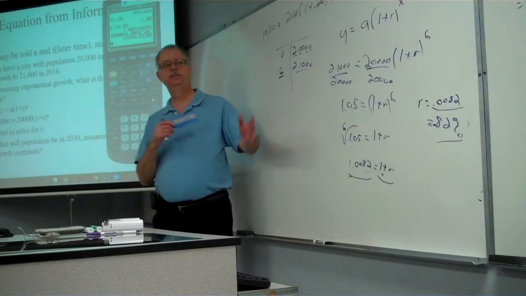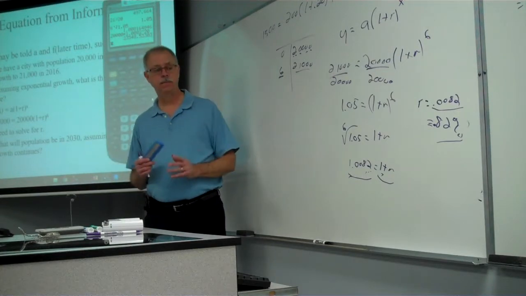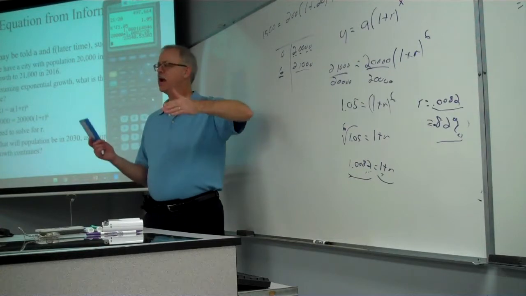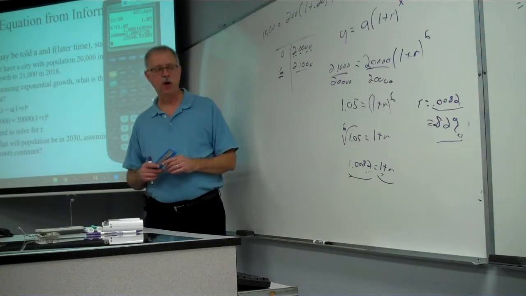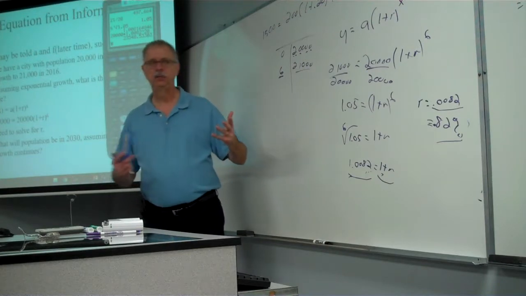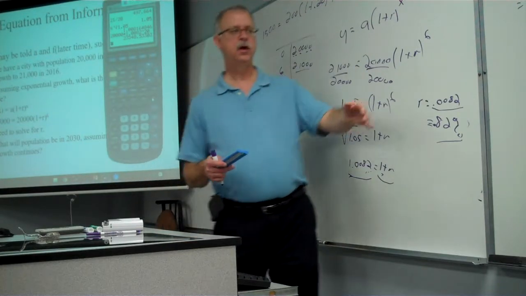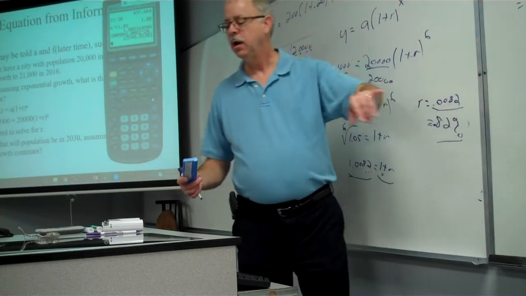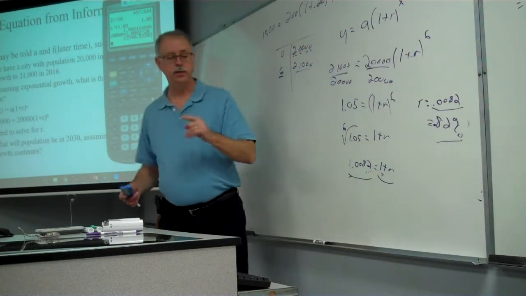Now, in terms of at what point do we round? If you show me what you put in your calculator, I'm not going to be all that particular about whether you rounded in exactly the right spot or not. I can usually tell, even if you rounded this to 550, that you just rounded the answer. But we don't want to round too early.